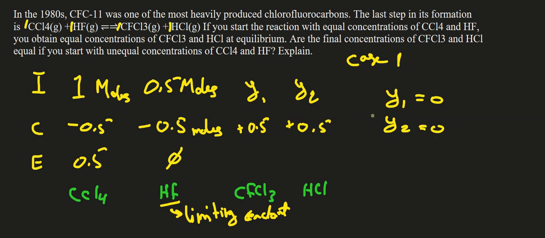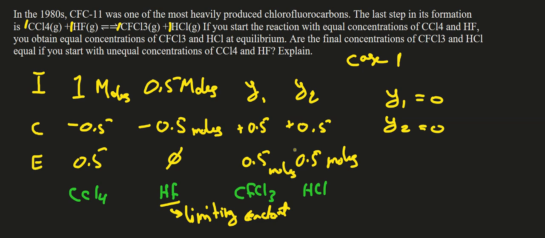So we're assuming that we don't have any of these in the beaker or the flask before the reaction. So when you add 0.5 to zeros, you get just 0.5, and then it is moles.